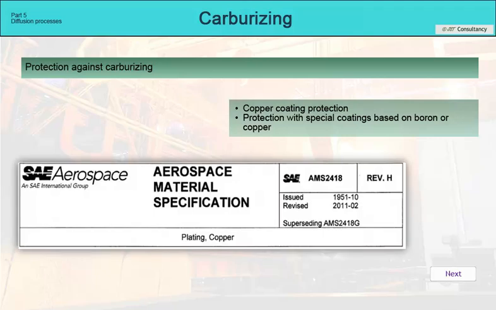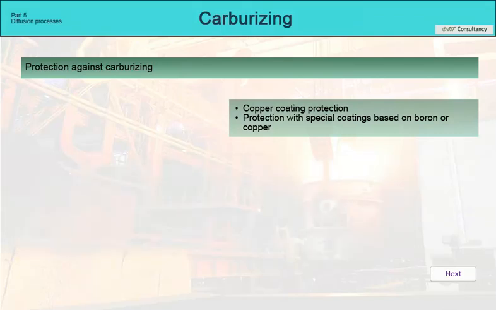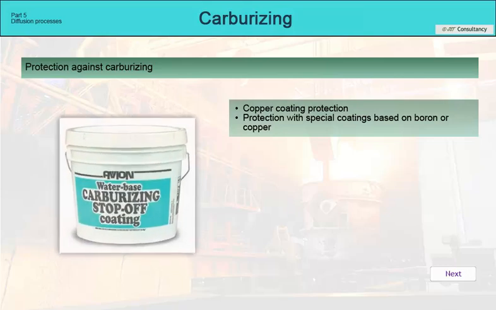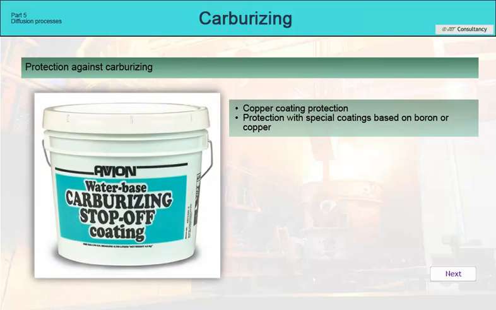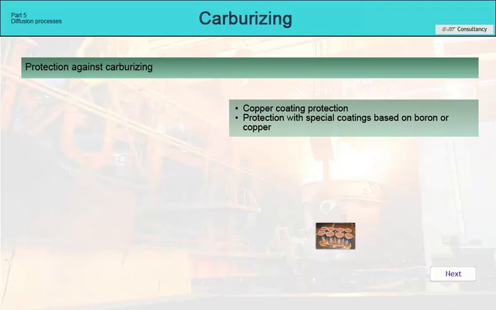In some cases, there is also a layer of nickel under the copper layer to improve the adhesion of the coating. However, at high carburizing temperatures, especially in low-pressure processes, there is a danger of nickel diffusion into the steel. This can have the same effect on the surface as decarburization. The second method is various paint pastes based on copper or boron.